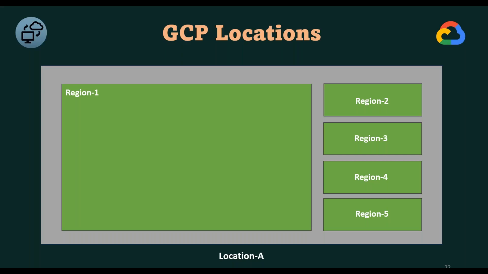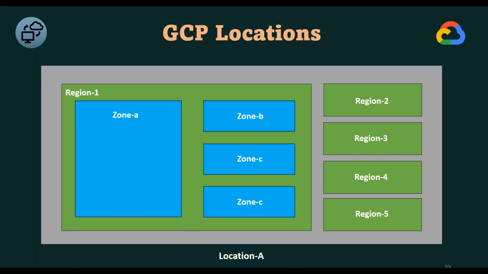Each region will have its own zones: zone A, zone B, zone C, zone D. Each zone is connected to one more zone via a very high potential network, so you can interact with each zone.